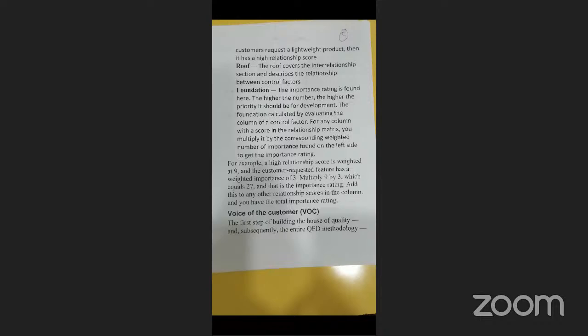Location model, factor rating model, point rating model, break-even analysis model, qualitative factor model, quantitative factor model, there are many models. Suppose I give a small example. Suppose there are 10 factors given. First factor is tax advantages.